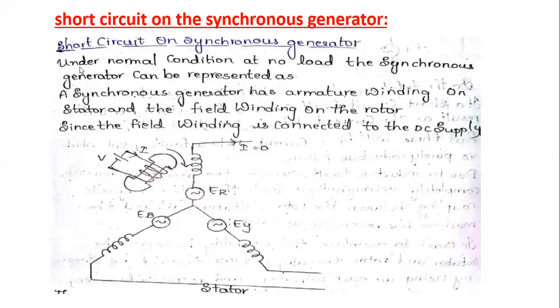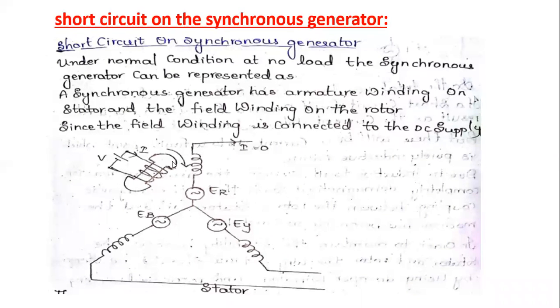Under normal condition at no load, the synchronous generator has an armature winding on the stator and a field winding on the rotor. Therefore, the field winding is connected to the DC supply.